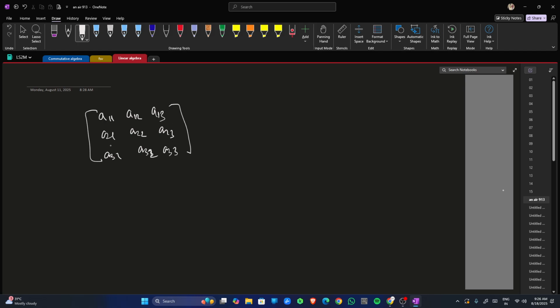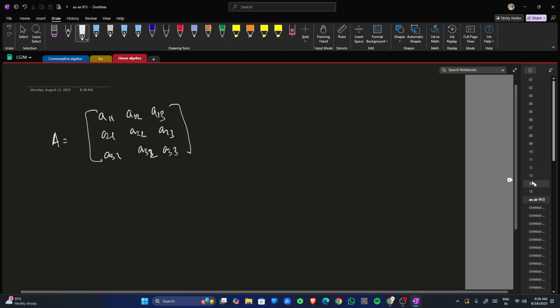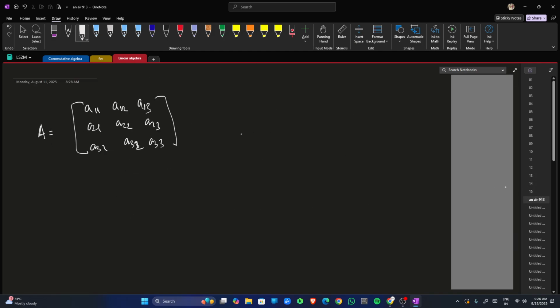Suppose you take a 3 by 3 matrix, and you can swap any two rows. Suppose you want to swap the first and second row, then you get a21, a22, a23 on top, then a11, a12, a13, and a31, a32, a33. This is the elementary row operation if you apply the process A.